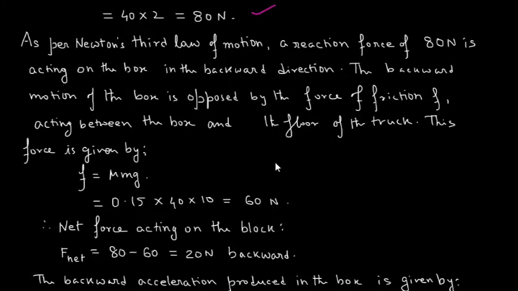This force is given by F is equal to mu mg. Putting the values of mu, m and g, 0.15 into 40 into 10, we get 60 Newton. Net force acting on the box, that is F net, is equal to 80 minus 60, that is 20 Newton backward.